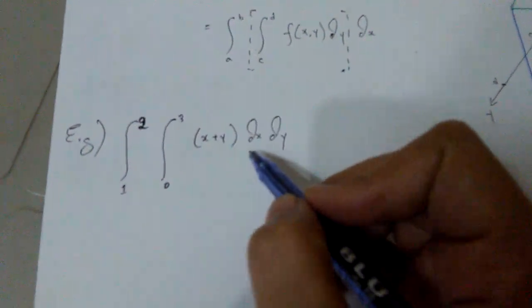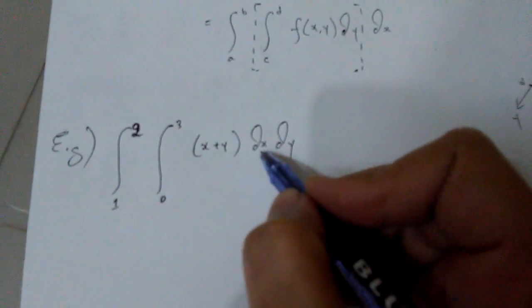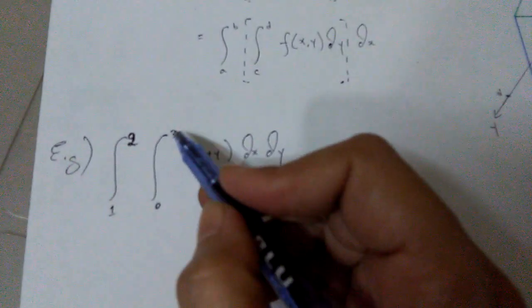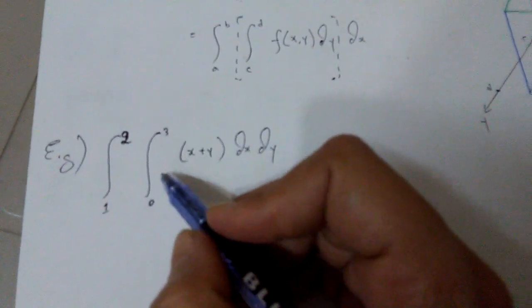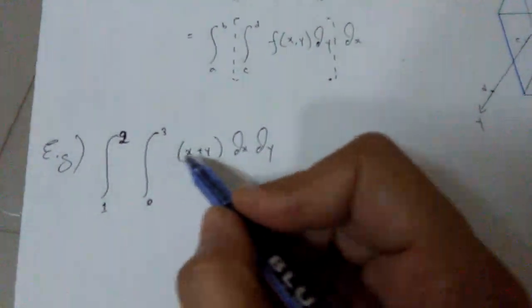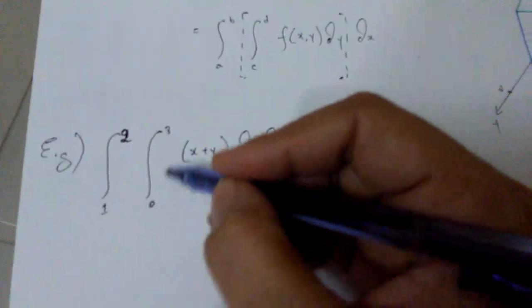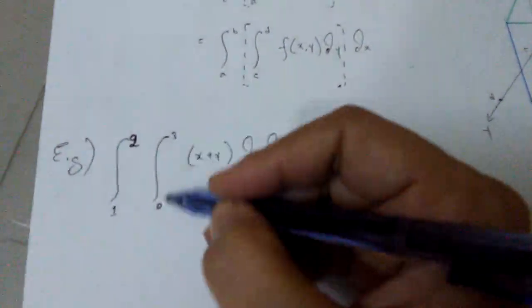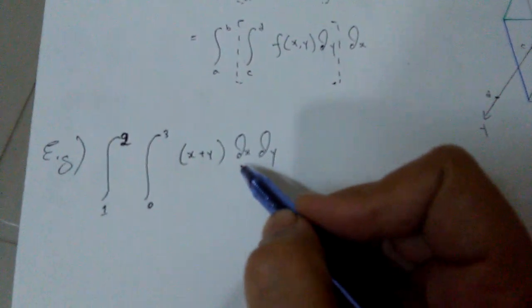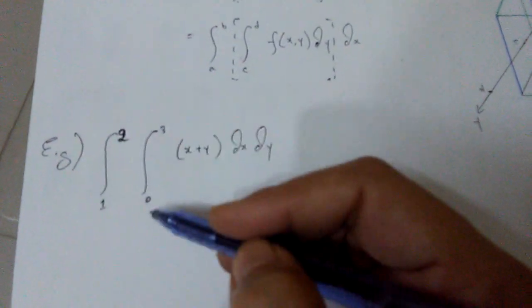Here you can see that in the question, the differential of x is mentioned first. So the integral written along with this integrand is explaining the limits of your x-axis. We need to identify which integral is which, because both limits are expressed in number form.